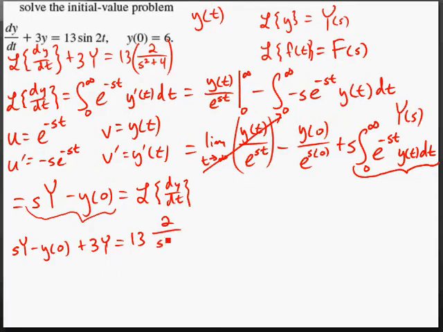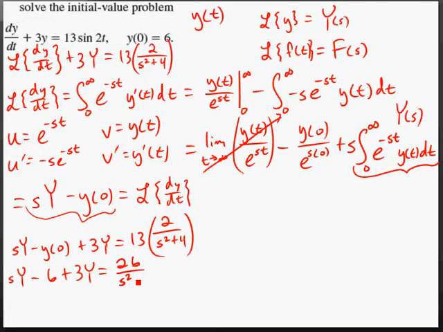Now we have big Y's. We have a y of 0, which we know, by the way, is given up here as a 6. So we can say sY minus 6 plus 3Y is equal to 13, or I could simplify this to 26 over s squared plus 4.